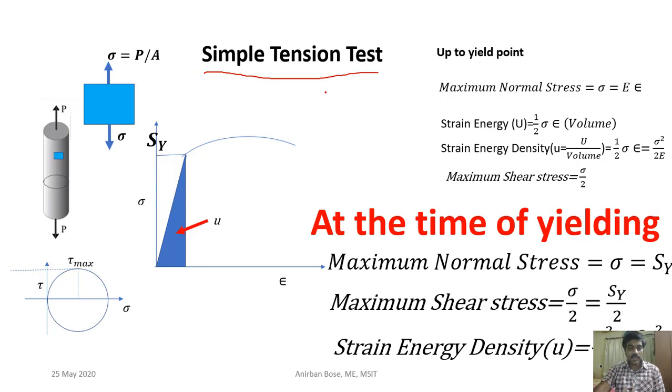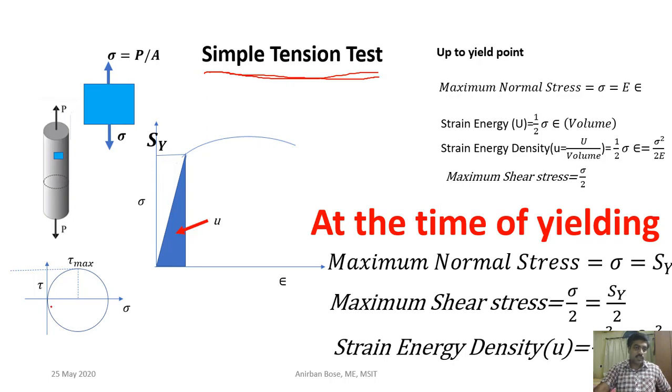There may be different aspects considered in different failure theories, but in all cases it is always compared with the data from the simple tension test. So what is the simple tension test? Here you can see the sample, P is acting. Let us consider one element, it is a uniaxial element, so the stress is P by A.